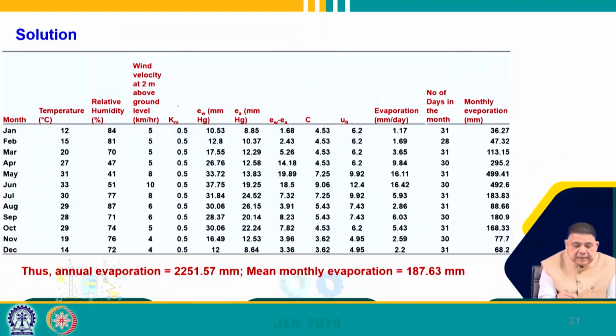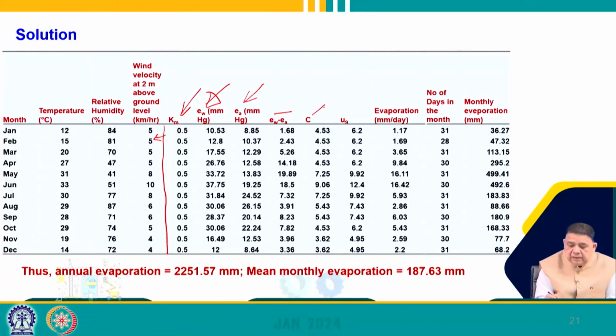So, that means Km value remains constant. These values were given up to this point, these were given to us this side. So, Km is of course constant. EW already we saw, we can calculate in terms of temperature, which is given for every month. Relative humidity is given, knowing EW and relative humidity we can find out EA, the difference we can find out.